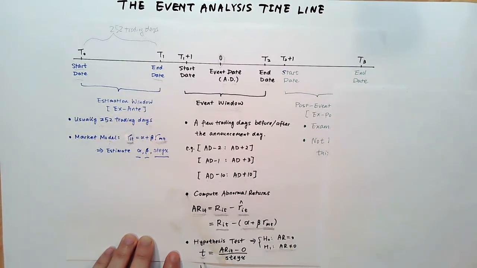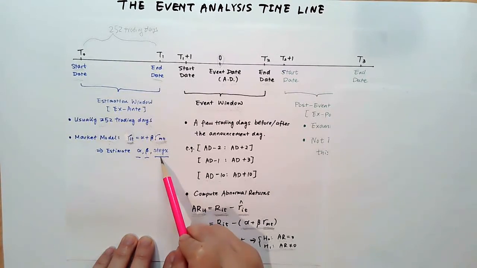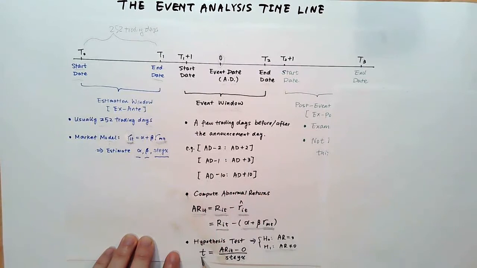The way to conduct a hypothesis test is to compute the t-statistic by taking the abnormal return minus the hypothesized value, which in this case is 0, and dividing by the standard error of the regression, which is estimated in the estimation window. Using the critical value of t for a two-tail test, the critical value is 1.96.